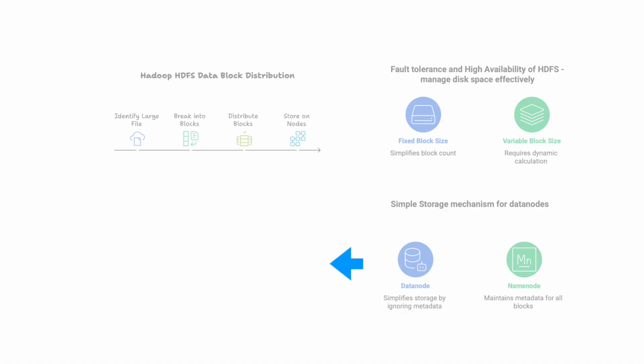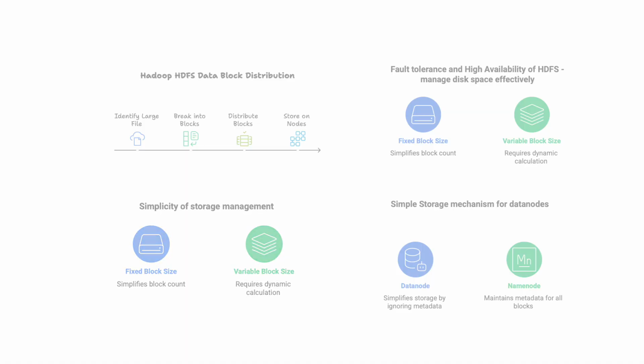The last one we have here is simplicity of storage management. It is again due to blocks in HDFS simplifying the storage on data nodes. The name node maintains all metadata of data blocks, and HDFS data nodes do not need to concern themselves with block metadata like permissions and path information.